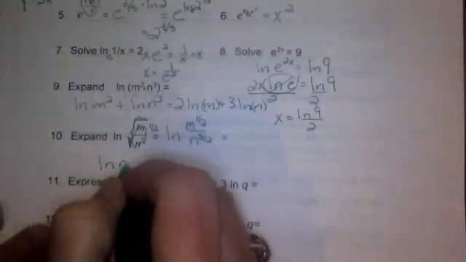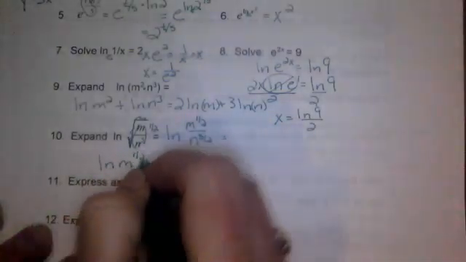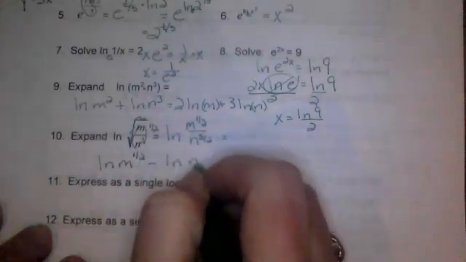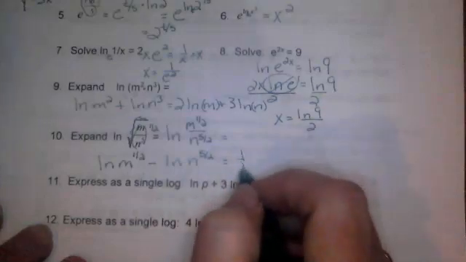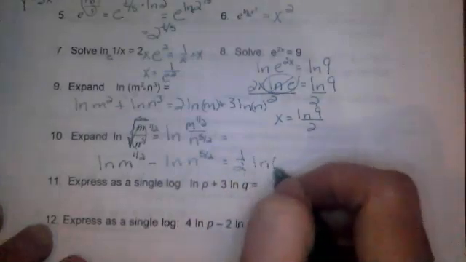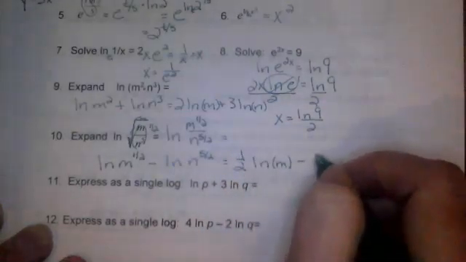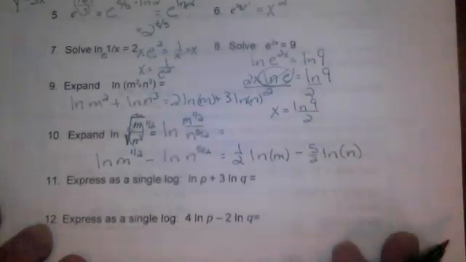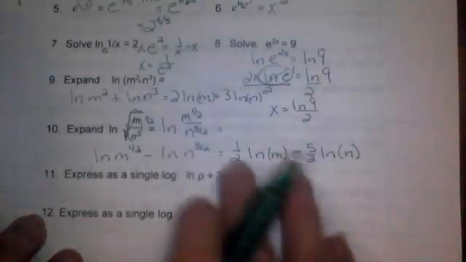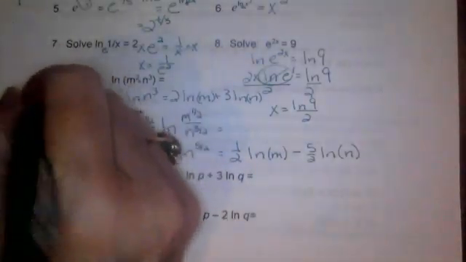So ln of m to the 1/2 power minus ln of n to the 5/2 power. And then we can bring the exponents to the front. 1/2 ln of m minus 5/2 ln of n. And that's going to be very important. 9 and 10, very important to what we're going to be doing with our derivatives.